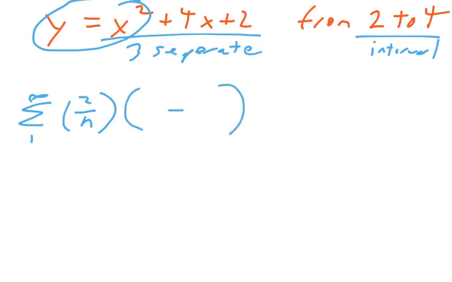Now normally I would put just 2k over n, and square it, except we're starting at a different place. We are starting at 2. So I have to put in that 2 at the very beginning.